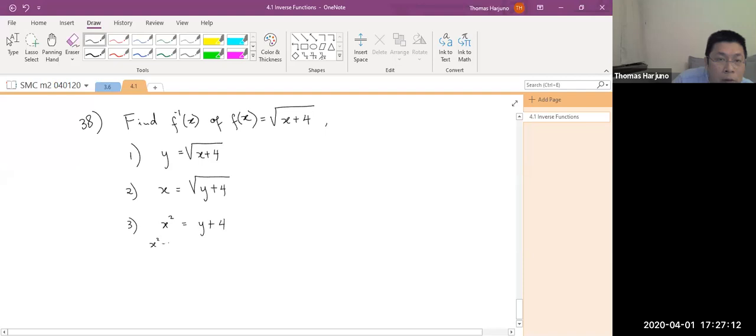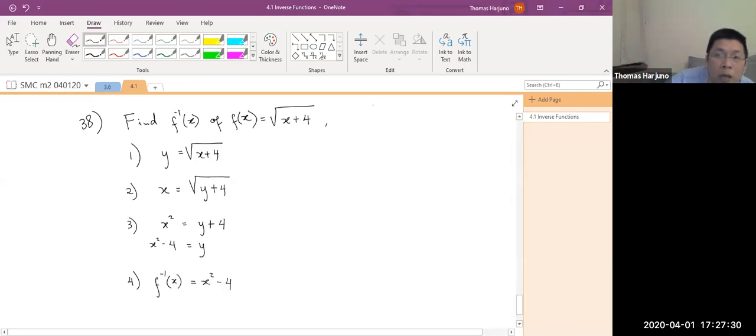I solve for y, right? And step 4, I get the inverse function x squared minus 4. But there's a problem here. What problem?